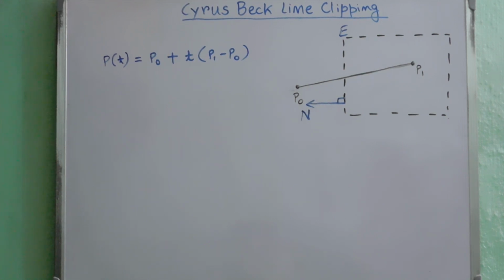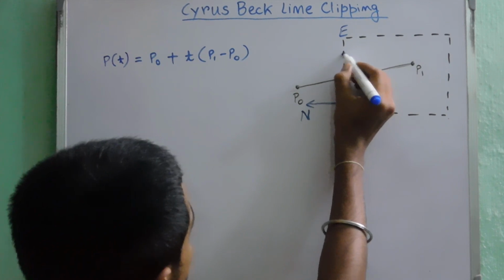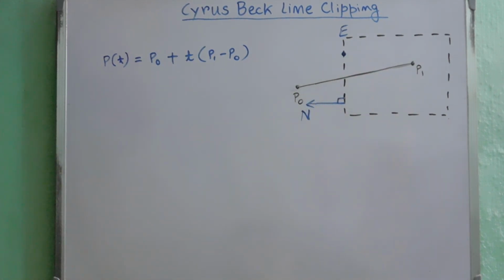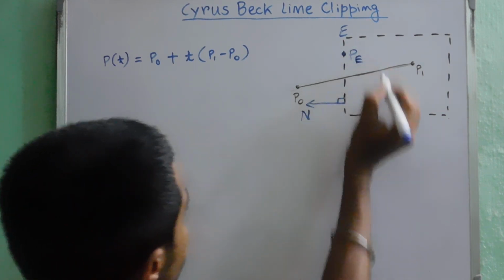The first one is selected on the edge E, let's say here, and we name it PE.